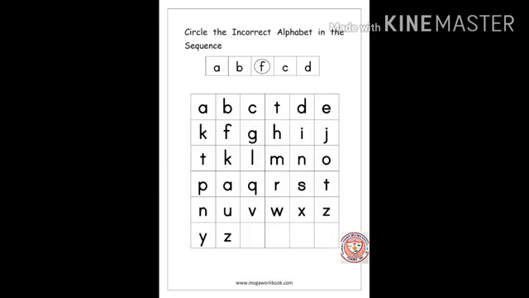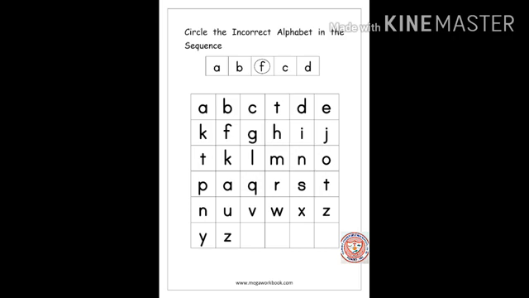Now another interesting game. Circle the incorrect alphabet in the sequence. So A, B, C, then T. T is incorrect, so we have to circle. Then D, E, then K is wrong, so circle K. F, G, H, I, J, then T. T again wrong.